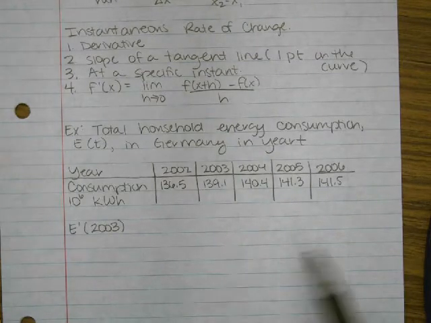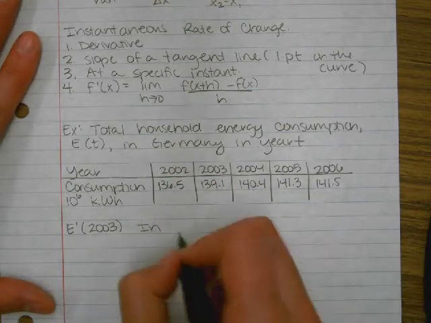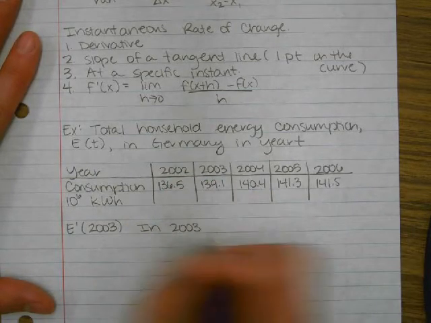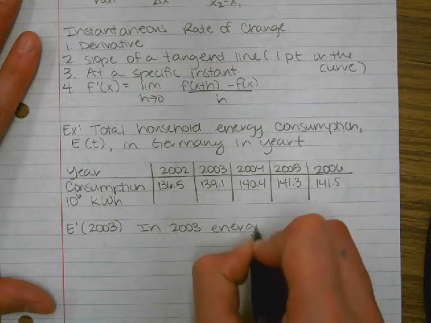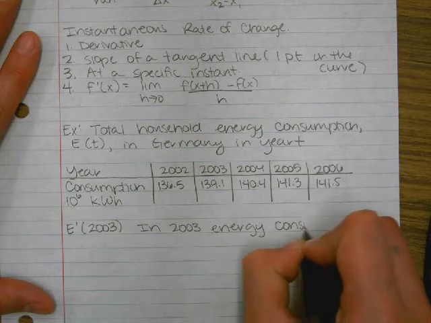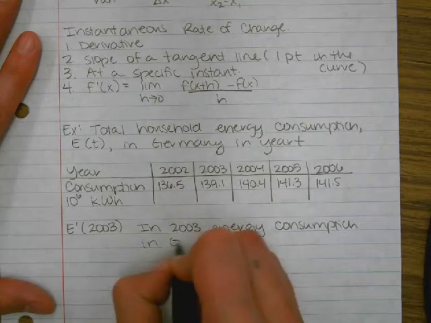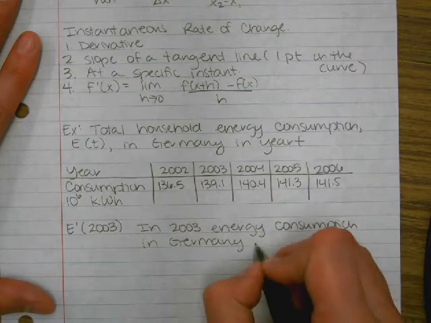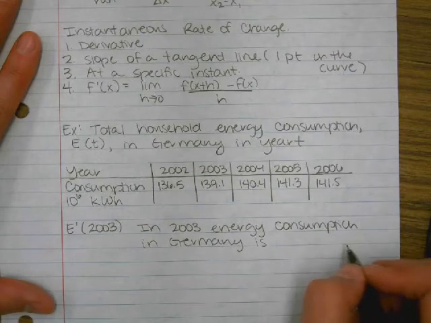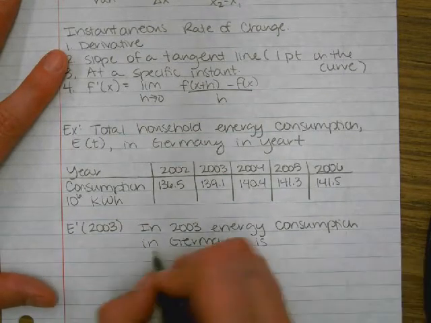So I'm going to write out this sentence of what this actually means, and then we can do some math to find it. So in 2003, energy consumption in Germany is increasing or decreasing. I'm not sure yet. I'm going to figure it out when I have a positive or a negative answer.